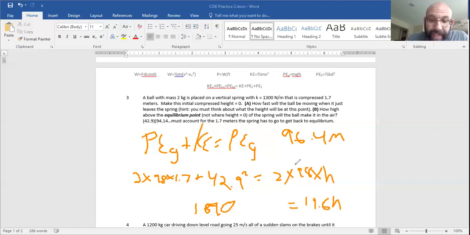Okay, so that's how high in the air it gets from that point. But how high above the equilibrium point, not where the height is 0. Yeah, it is 96.4. This isn't right. So don't worry about that last part. So 96.4.